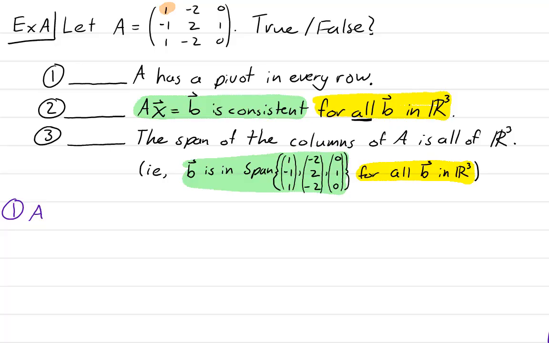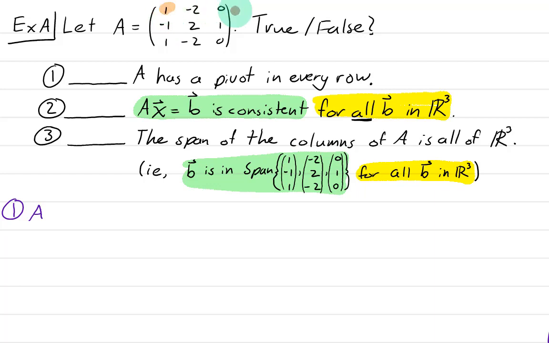All right, let's work on A here. We want to know if A has a pivot in every row. So we need to get it in echelon form to see where the pivots are. And to do that, we're going to do regular old row reduction. So I'm going to make a pivot in this upper left position here. And you can do row 1 plus row 2 to get a new row 2 to cancel out this negative 1.